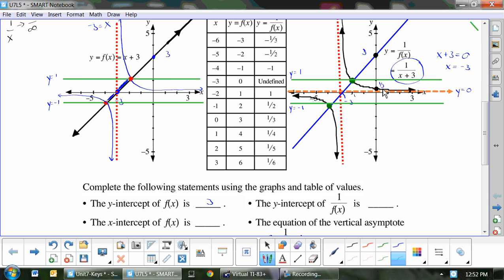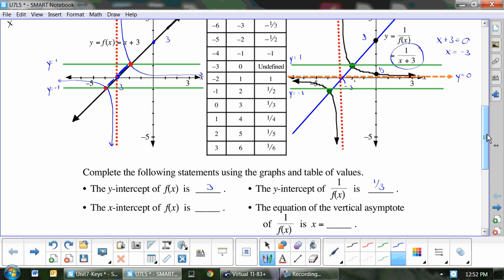We got positive 1/3, because if it's positive in the original, it's going to stay positive in the reciprocal. Then we found our x-intercept is at negative 3 in the original, so the equation for the vertical asymptote in our reciprocal is x equals negative 3. Wherever you have x-intercepts in your original, you will have a vertical asymptote in your reciprocal.